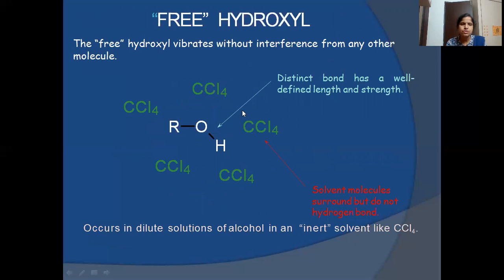You can see the free hydroxyl group where we have taken a dilute solution of alcohol in an inert solvent like carbon tetrachloride. So there are no hydrogen bondings formed here. The ROH, that is alcohol, is surrounded by these solvent molecules, and there won't be any probability of formation of hydrogen bonds. That is the reason why the vibrational frequency of OH will be more for free alcohol groups.